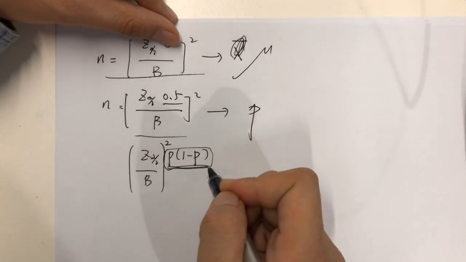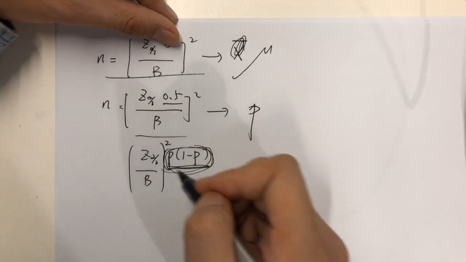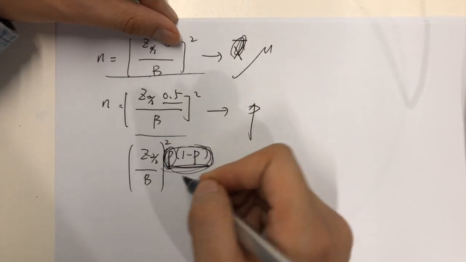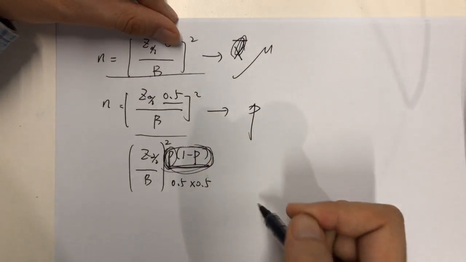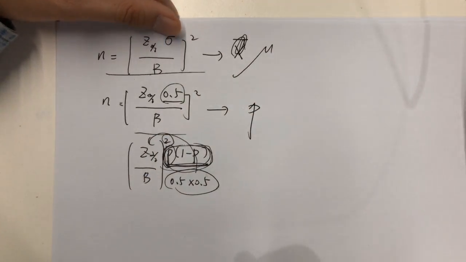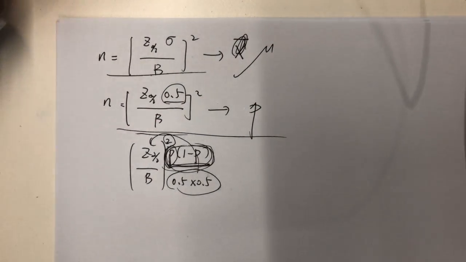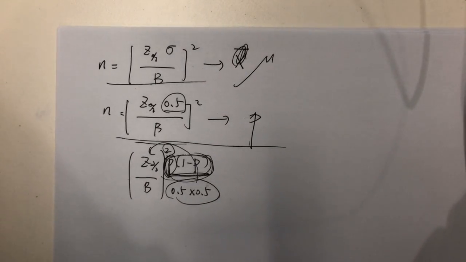Because we do not know the value of p, the only thing we can do is to make this value as large as possible by taking p as 0.5. So we have 0.5 times 0.5 over here, and if we take it inside the square, we get 0.5 over here, okay? So this is for estimating a proportion, and this is for estimating a mean, okay? Thank you for your question, Cloris Hu.